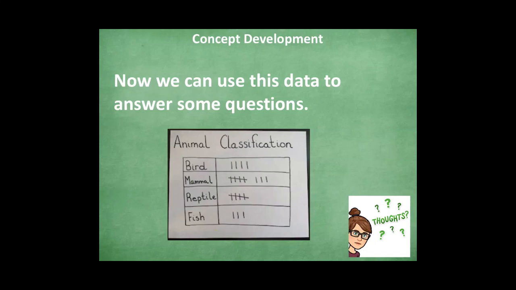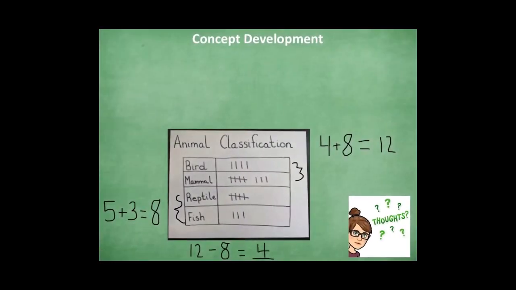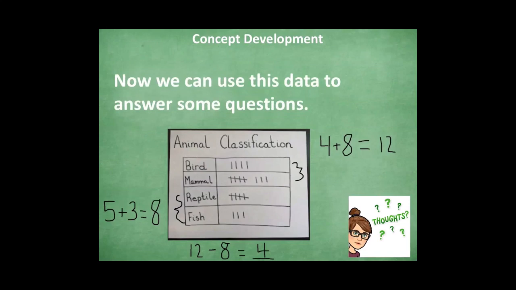How many more birds and mammals are there than reptiles and fish? For this question, I need to do a little bit of math. When I looked at birds and mammals together, I saw that there were 4 birds and 8 mammals, and that made 12.